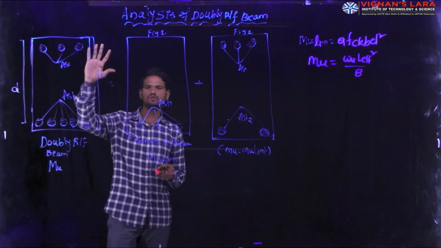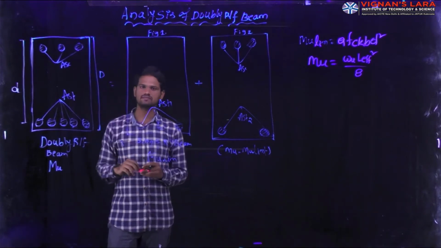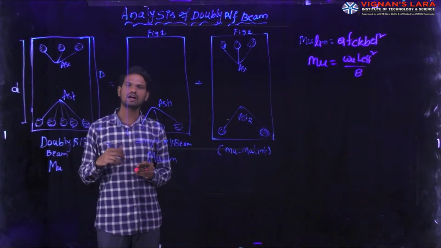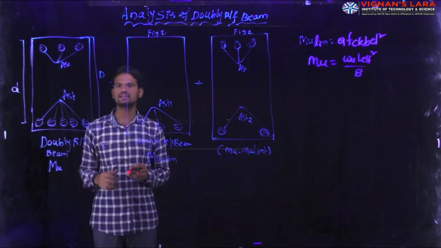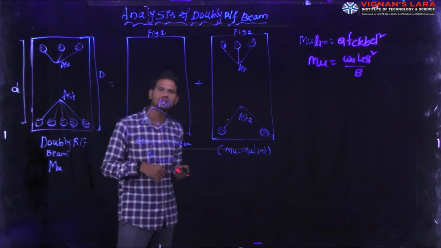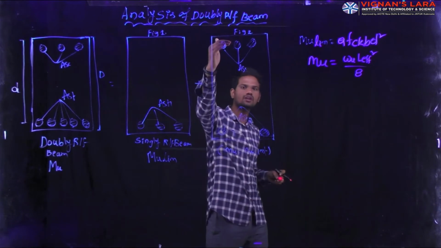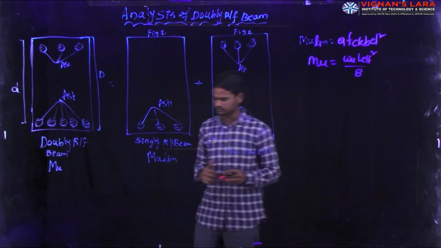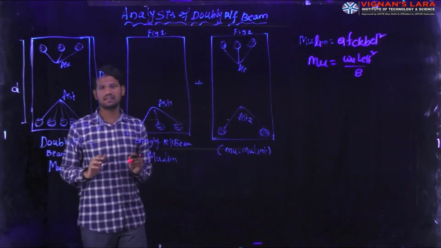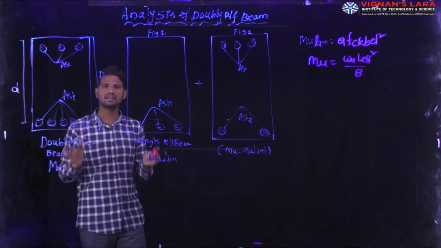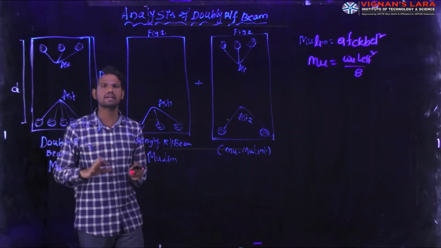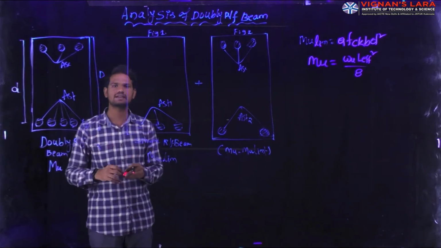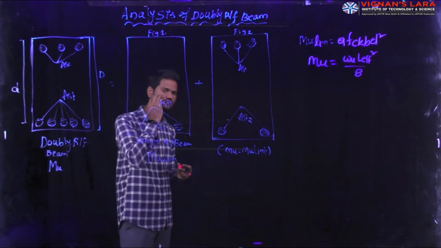A doubly reinforced beam, by definition, is a beam in which we provide reinforcement in the compression zone as well as in the tension zone. In the singly reinforced section we have already calculated a step-by-step procedure, and the same procedure is adapted in the design of the doubly reinforced beam.